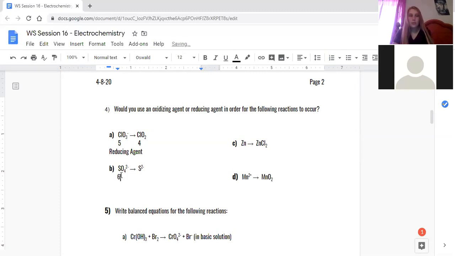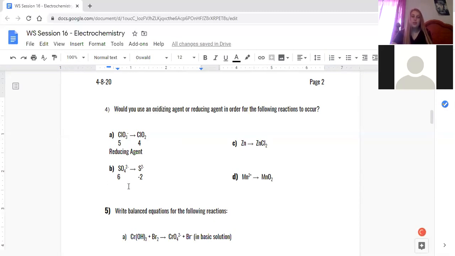Perfect. Does everyone else understand that, or do we have any questions? All good. Cool. Okay, so what is the oxidation state going to be for sulfur in S2-? -2. Perfect.